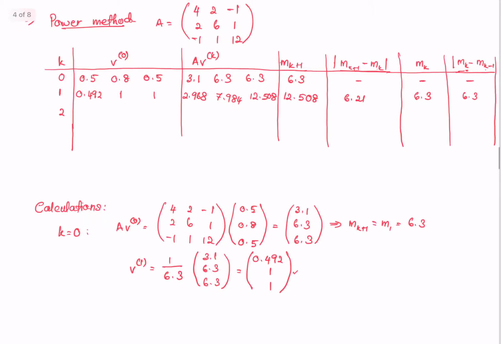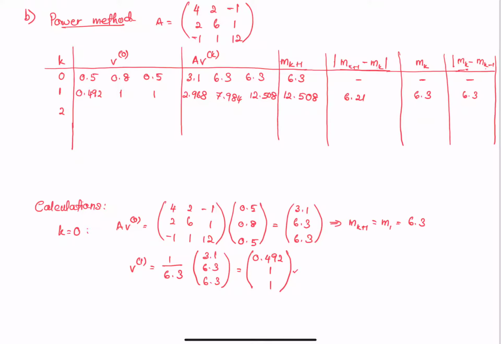So now for k equal to 2, V2 is 0.237, 0.638, 1, and A multiplied by V2, we will get 1.224, 5.302, 12.401, and then our dominant eigenvalue is 12.401.